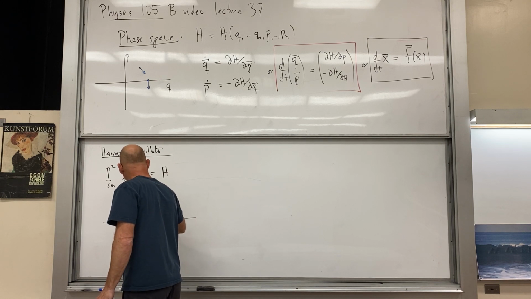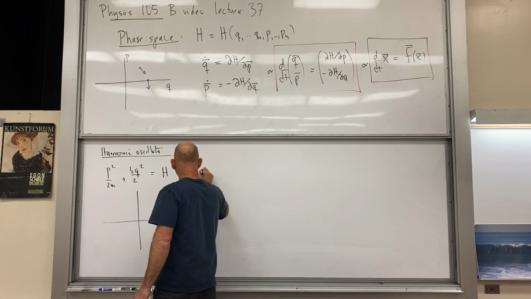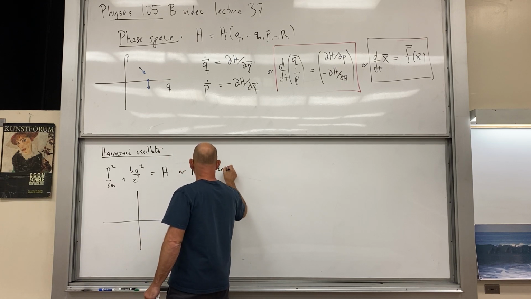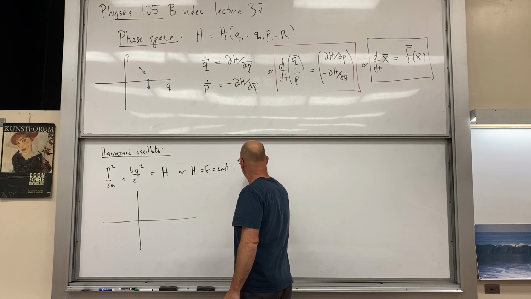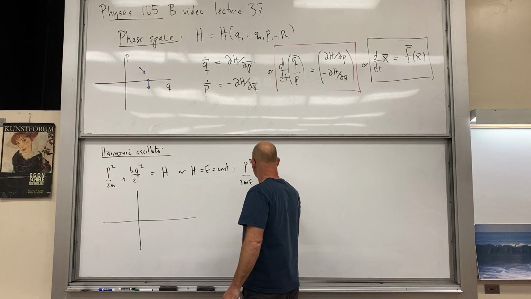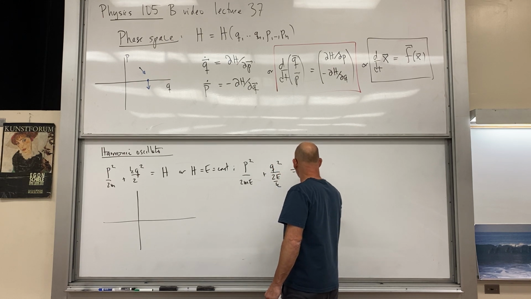So for a given energy, H equals E equals constant, and then we have p squared over 2mE plus q squared over 2E over k equals 1.